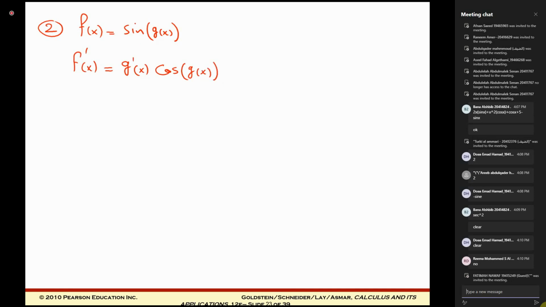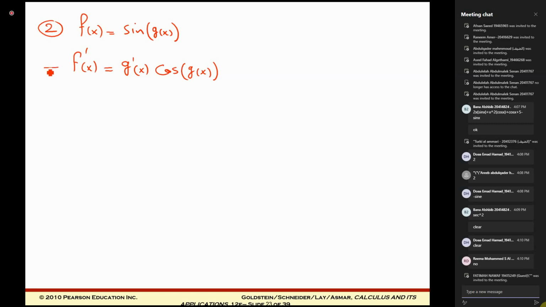So the derivative of sine is cosine, put the same angle. If the angle is 5x, put 5x. If the angle is radical x, put radical x, and multiply by the derivative of the angle.